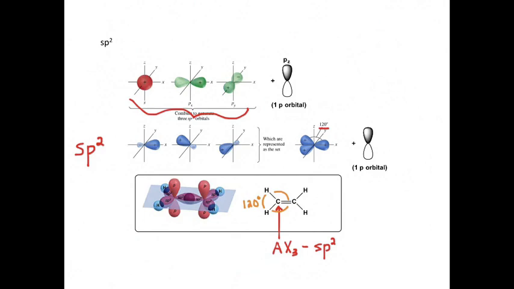Okay, and that's obviously the same for the carbon on the other side because it's symmetric. So what we have to keep in mind is what happens with this extra p orbital here. Well, that p orbital still exists on this carbon atom, so I'm going to draw that in here, and obviously there's another one on the other side.